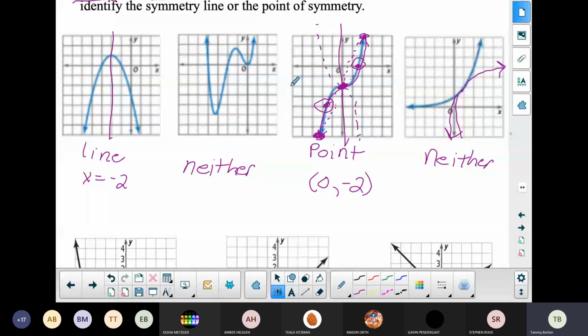If I drew a line this way, then this one would line down here, this one would go up here. So if I drew a vertical or horizontal line there, I could not get the original to map onto itself. Does that help?